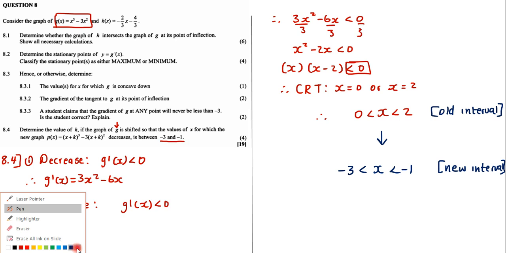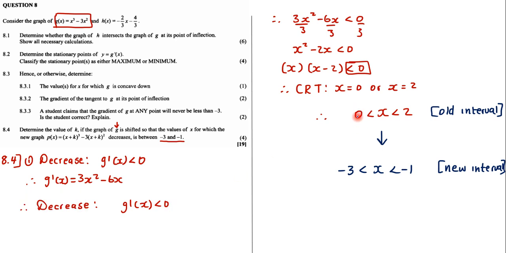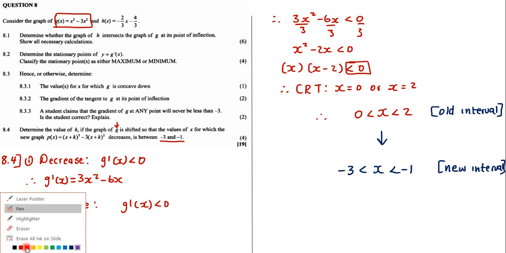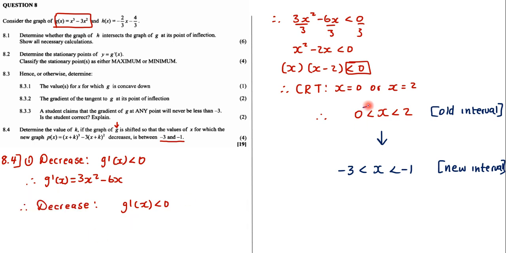By calculation you can see that from 0 to -3 we subtracted by 3, and from 2 to -1 we also subtracted by 3. I can put something here just to make it easy: here we subtracted by 3 and here we subtracted by 3.